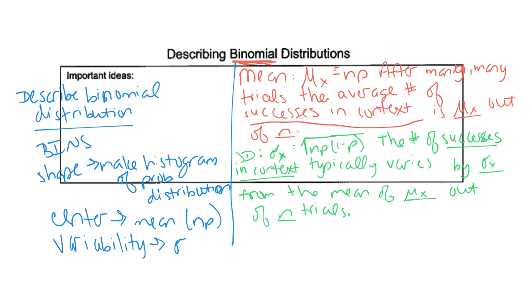You can rearrange that just a little bit. You can put the n trials up in the context: the number of successes out of n number of trials typically varies by the standard deviation from the mean of whatever it is. Those are the things that must be included when you're interpreting a standard deviation of a binomial.